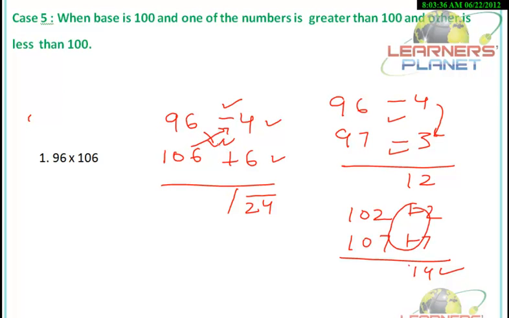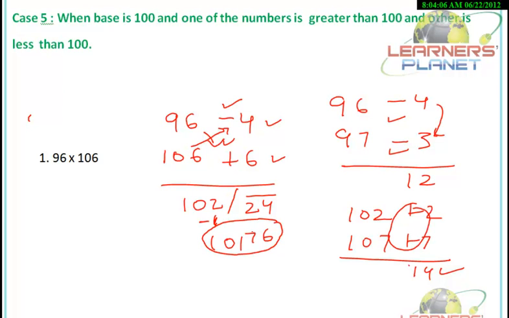So 106 minus 4 gives 102. This was the first step. Now in the next step, you deduct 1 from this, and you deduct this calculation from 100 since it is a negative number. So if we deduct 24 from 100, we'll get 76, and 102 minus 1 gives 101. So this is the final answer.